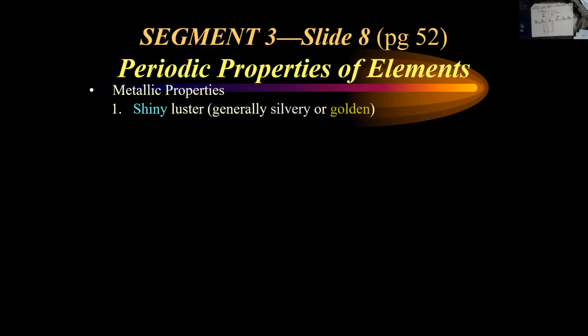It's boron and aluminum, silicon and gallium, arsenic and antimony, tellurium and polonium, and astatine, forming a little zigzag step pattern. That is the dividing line between the metals that are on the left of that and below, and the non-metals that are on the right and above.